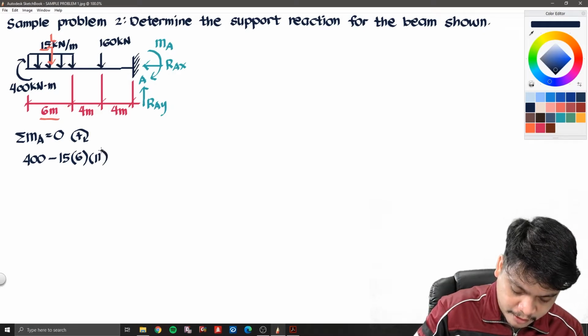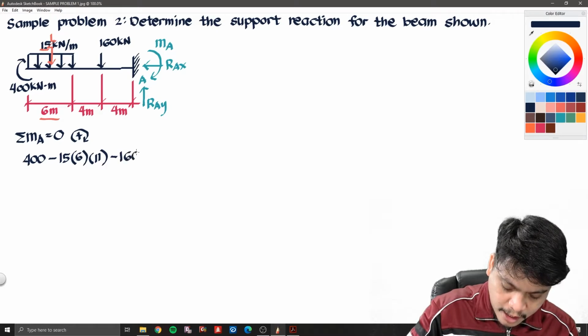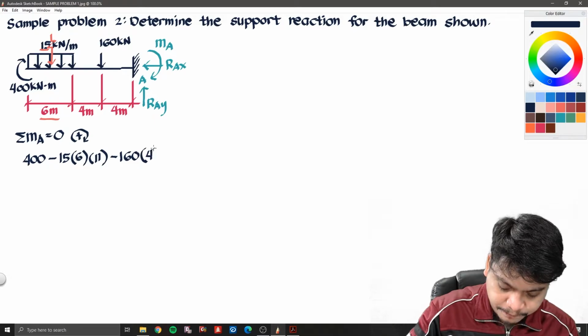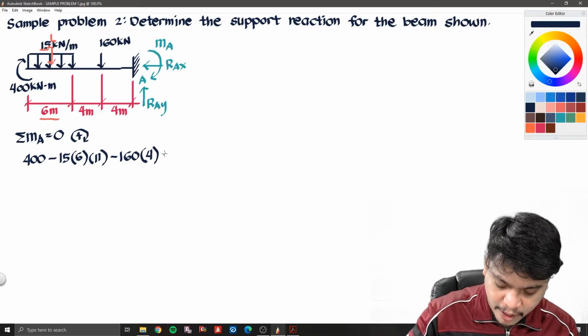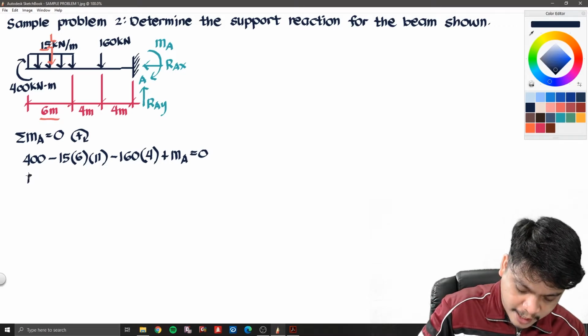So, you will be having here 11 meters. Okay? And then another minus 160, and its location from the point A is 4 meters. Okay, and then I have a direct moment MA, so I will have it plus MA, and that would become equal to 0. With this, I can now have the value of MA.